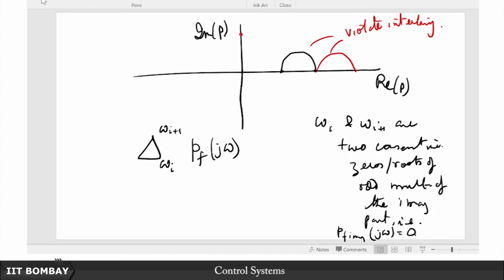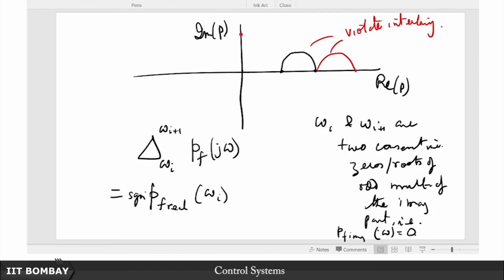Now I can of course get rid of this j here, because it is just a function of omega. Now notice what happens. The claim is that this is nothing but equal to the sign of P_f real at omega i.